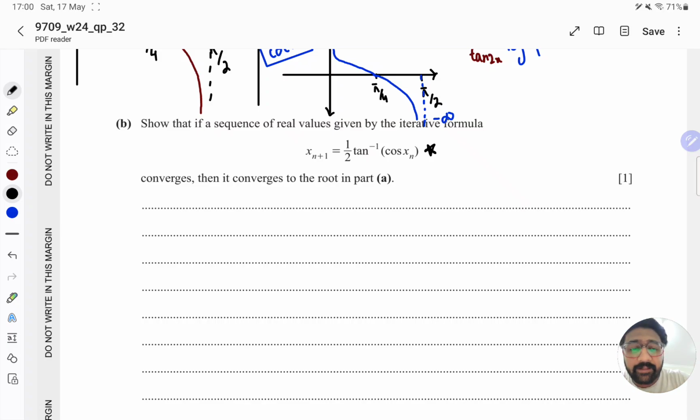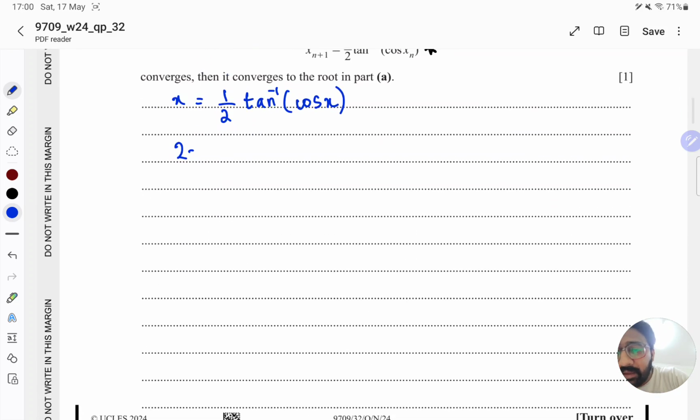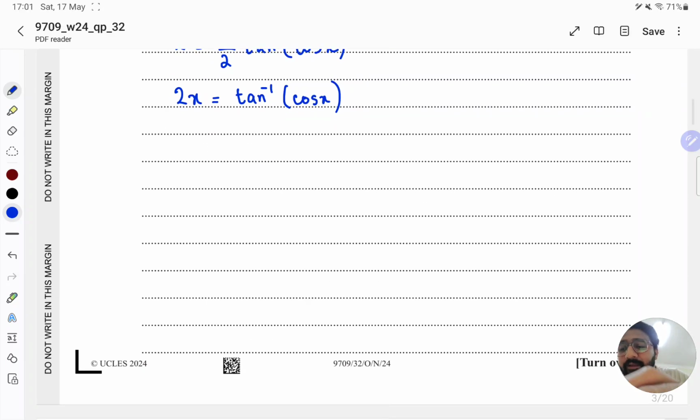So it converges now. So what is this formula? Let me remove this iteration part from it. So it will be x equals 1 by 2 tan inverse cos x. Now first 2 will go to that side, it will multiply, it will become 2x equals tan inverse of cos x.